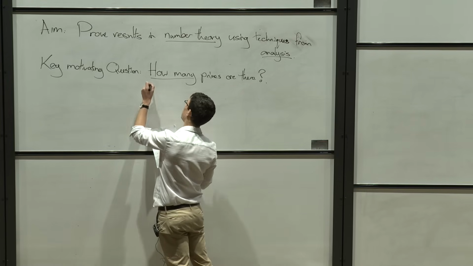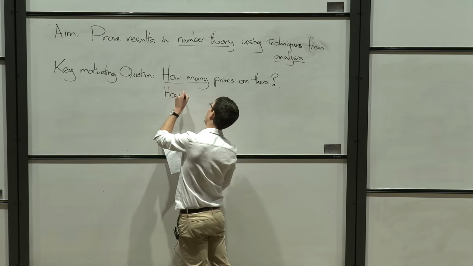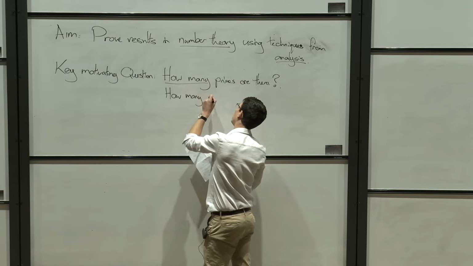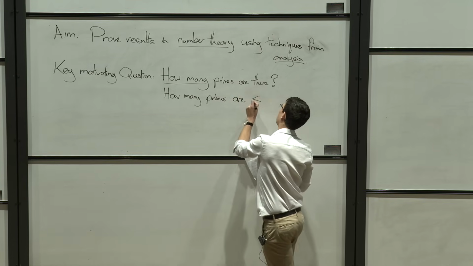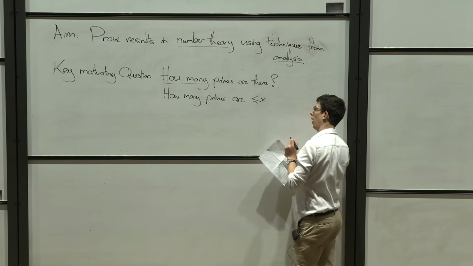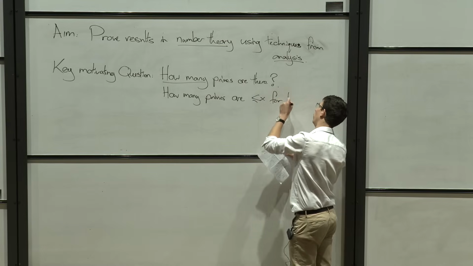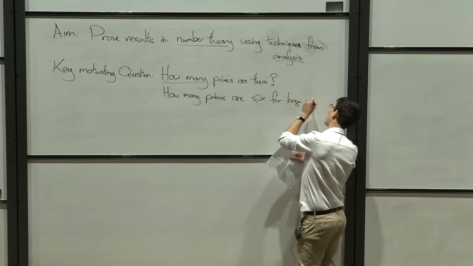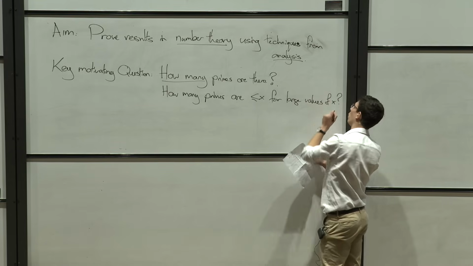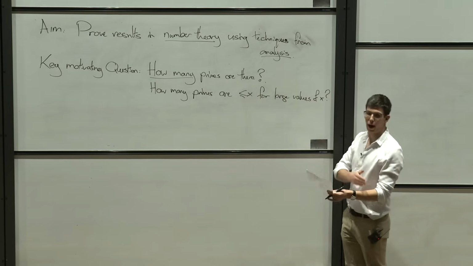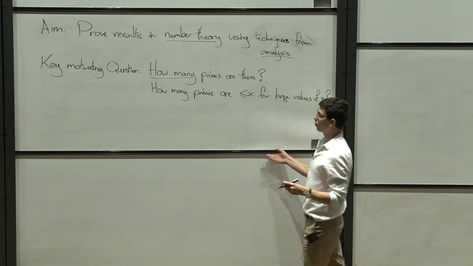So maybe another question would be, how many primes are less than or equal to some number x for large values of x? We know that there's infinitely many primes, but how does the count of primes grow?